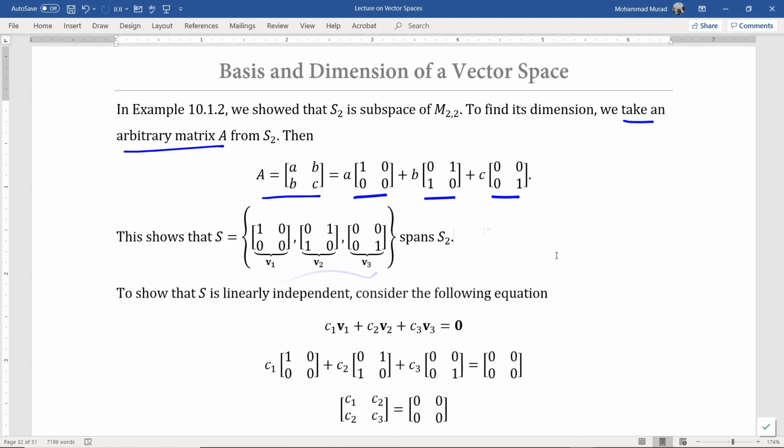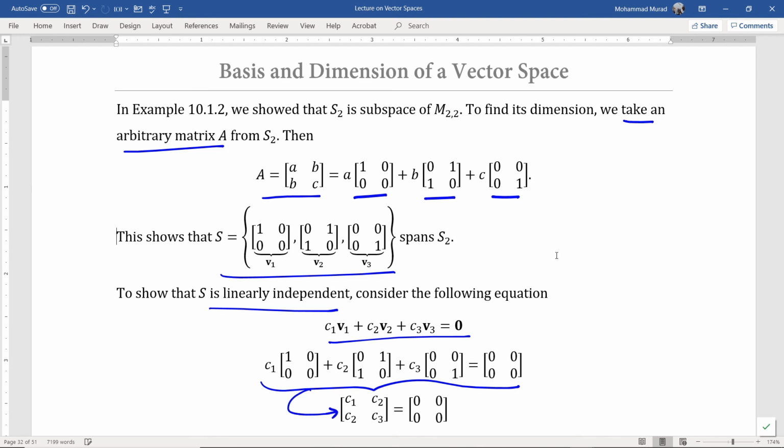To show that the set S is linearly independent, we consider the following equation, which, when replaced by the matrices as shown in the set S, takes this form. The left-hand side of this matrix equation becomes this matrix, and the right-hand side stays the same.